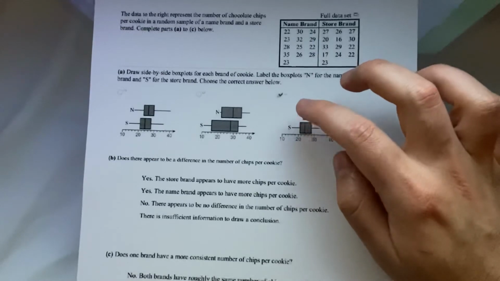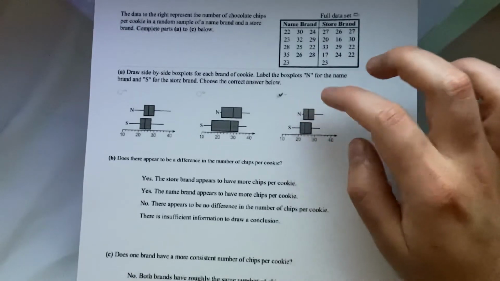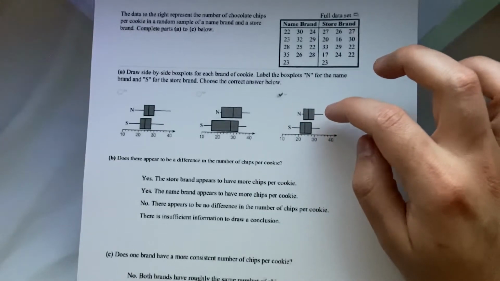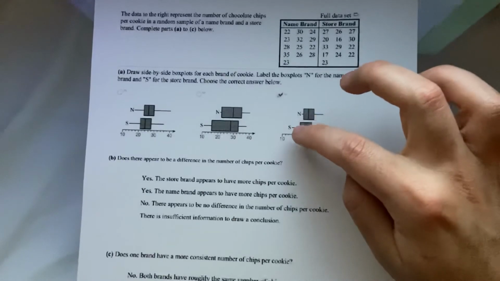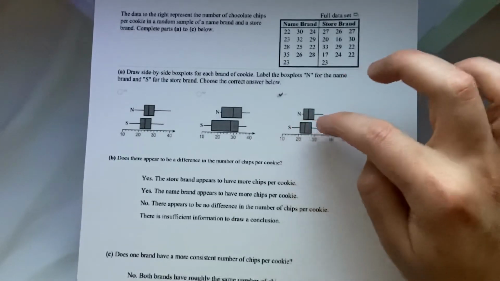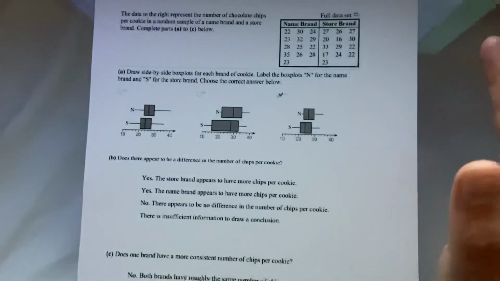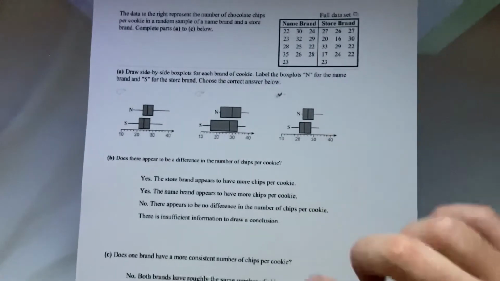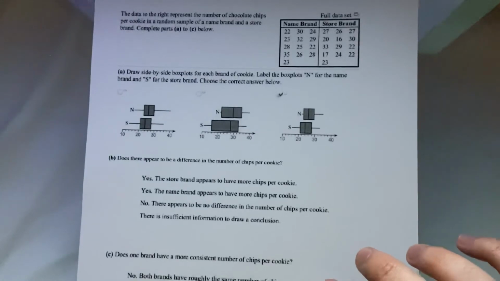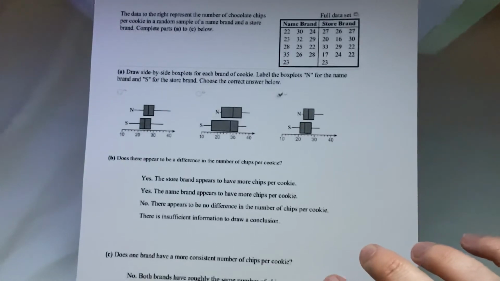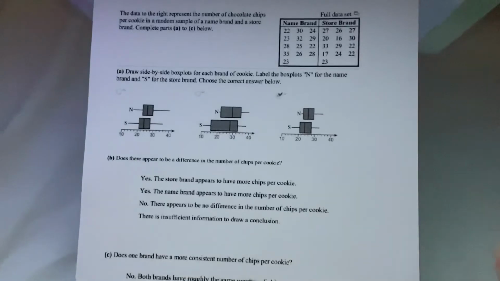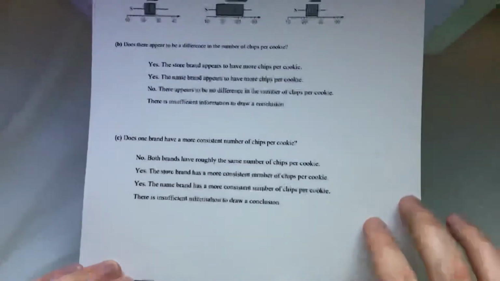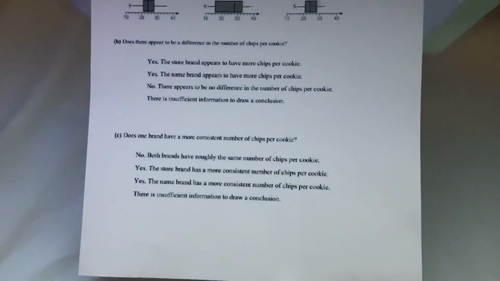Name brand goes from about 22 all the way up to 35. Store brand is at 16 to 33. So it looks like the name brand has a more consistent number of chips per cookie, and the other answer doesn't even make sense anyway. When you see the no, it says both of them have roughly the same number of chips per cookie. That's not even what's being asked right now. So yes, I would say the name brand has a more consistent number of chips per cookie.